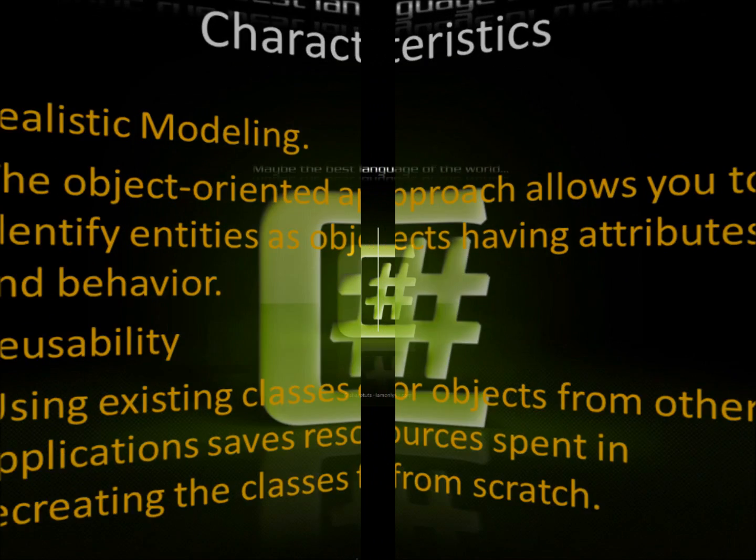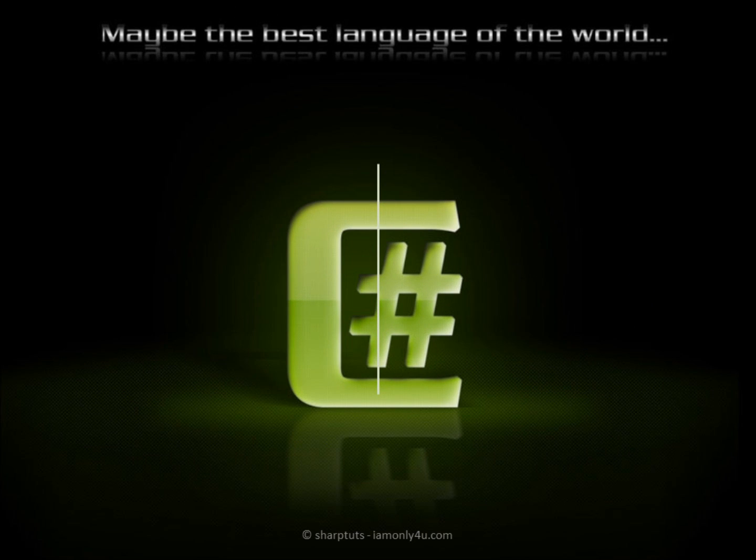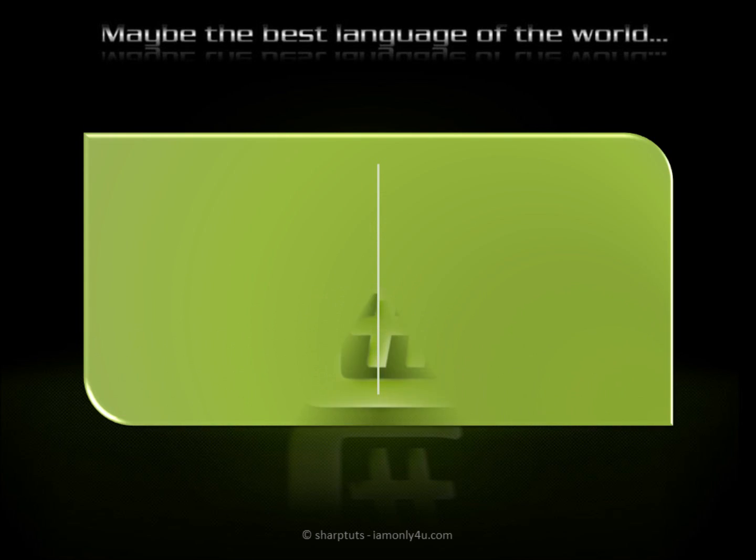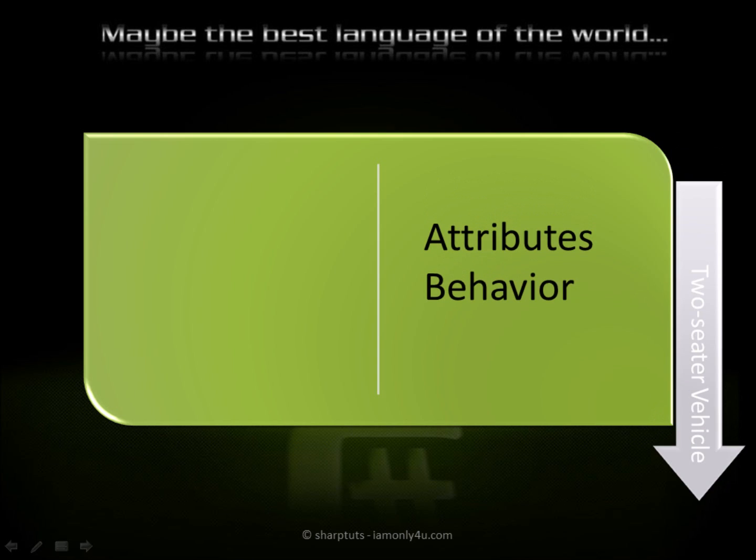So the next part is okay, so a reusability concept can be explained with the help of a small example. So here I have a two-seater car, two-seater vehicle, and it has its own attributes and behavior.